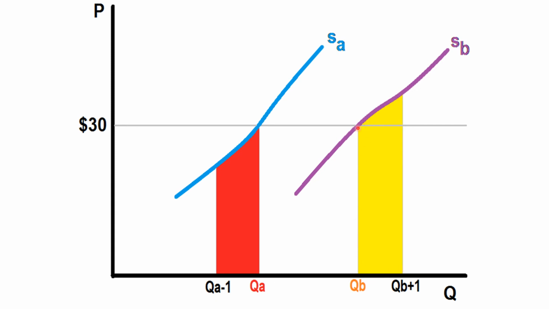Well, quite clearly, the yellow area, the cost to firm B of making one more, is larger than the cost saved for firm A, the red area.